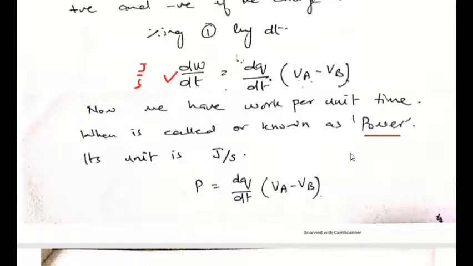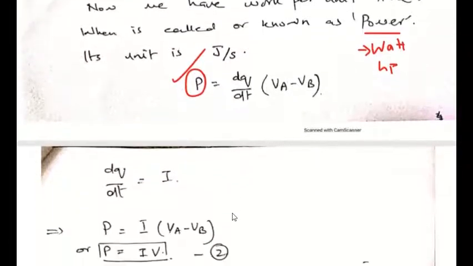So the unit of power is also known as watt, and the bigger unit for power is horsepower, and we know that 1 horsepower equals 746 watts. So I can write the left hand side as P. This P is for power, which equals dQ over dt into (VA minus VB).